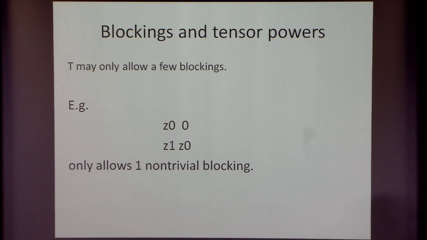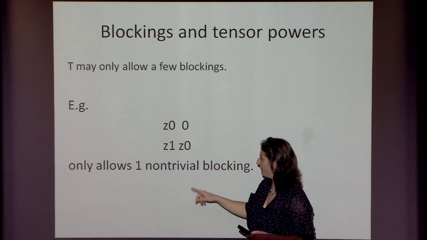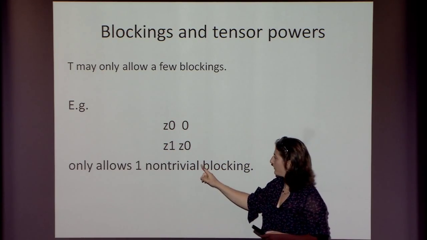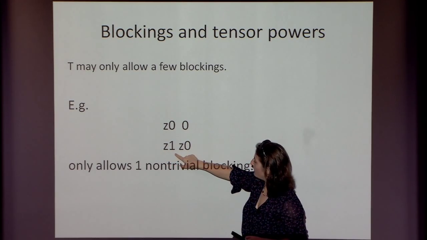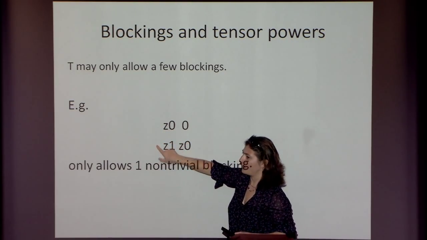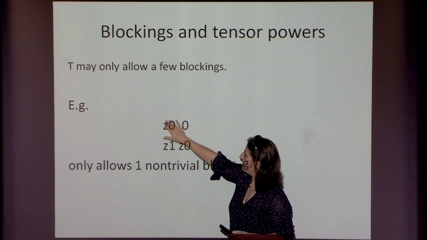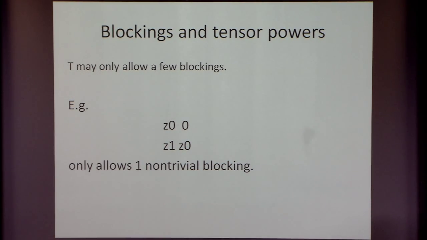So for example, this tensor in the matrix form only allows one blocking, because if you put these two x variables in the same block, then you're forced to put the y variables in the same block, because z0 appears in both cases. So this small tensor only allows for one interesting blocking.